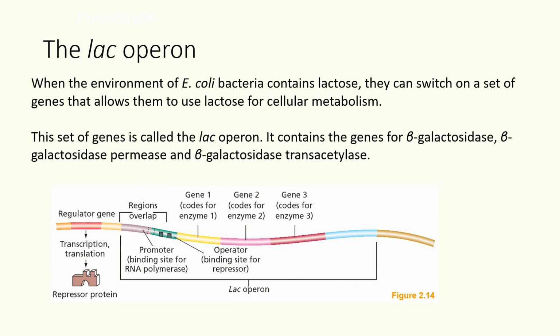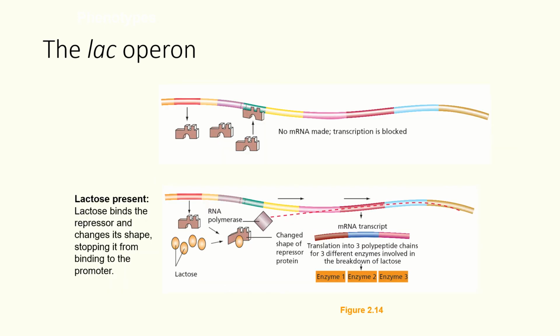So when lactose is present for this operon to be triggered, lactose binds to the repressor. So we almost have like a permanent repressor here. Lactose binds to the repressor, which changes its shape and stops it from binding to the promoter. So it basically removes the repressor factor there.